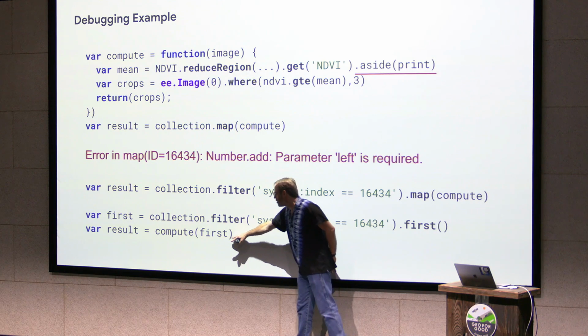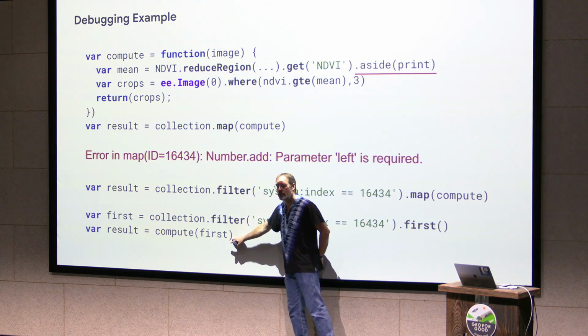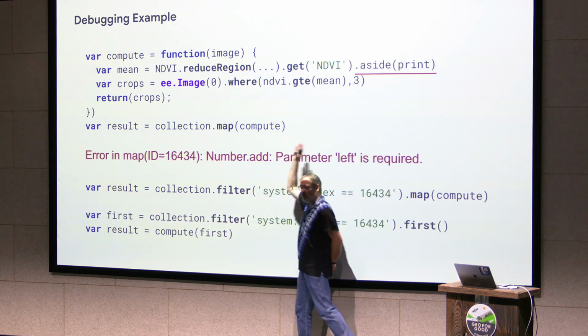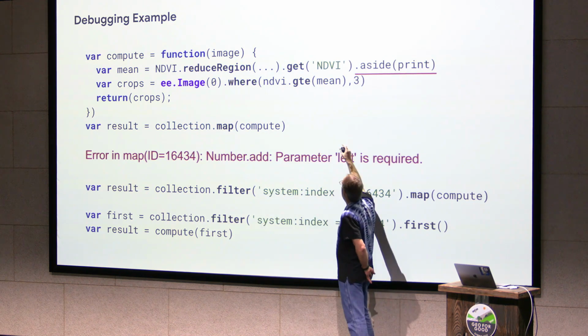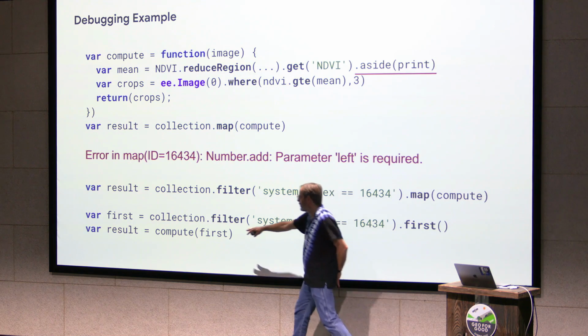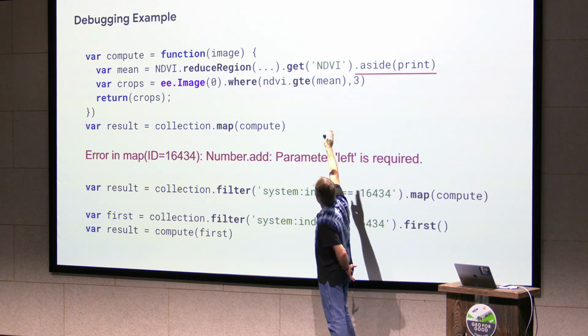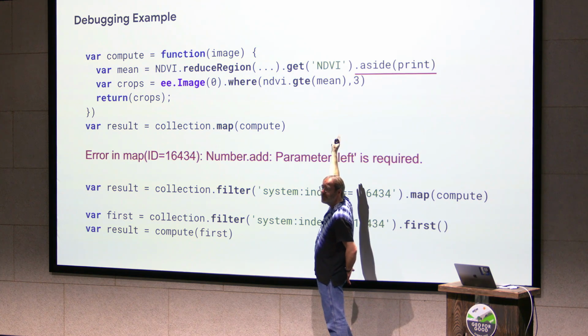So this is only going to work in the case where you're passing a single element into this function. It won't work when it's mapped because it's print, and you can't print during a map. But when you call it this way, the first element comes in, the reduce region and the get happens on it. Print calls get info for you automatically, but in a way that's not going to crash your browser.